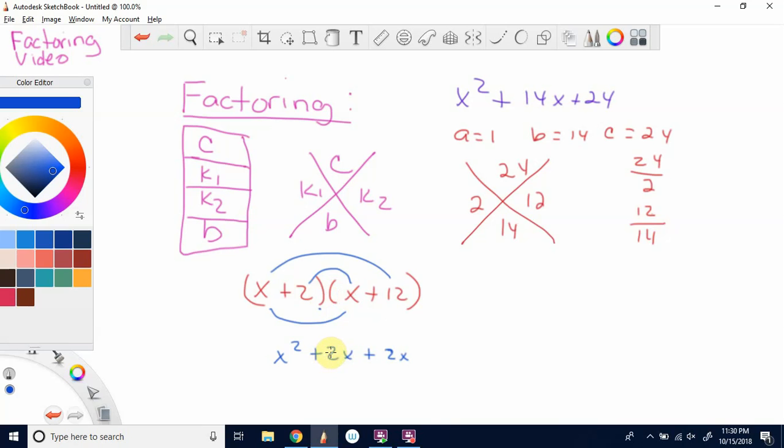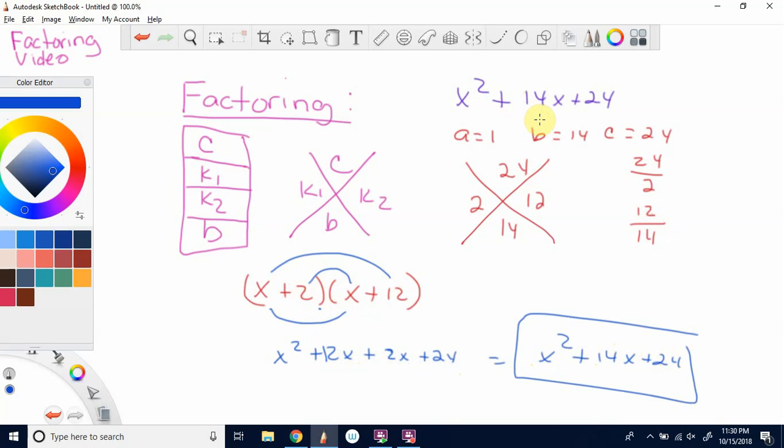So first times first, outer times outer, inner times inner, and last times last. Then I combine like terms and I get x squared plus 14x plus 24. So I get exactly what I had here.